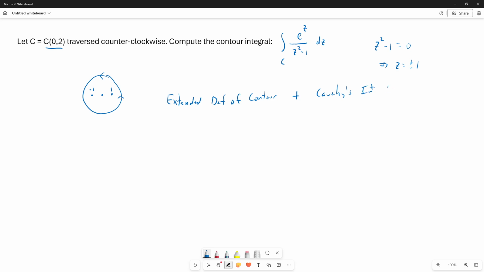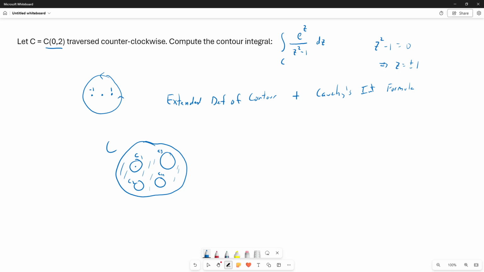So we're going to use these two things. So first, the extended deformation of contour theorem says that if we have some contour, positively oriented, simple closed curve, we'll call that one C. And if we have a few other curves inside of it, simple closed curves C1, C2, C3, C4, then as long as the integrand is analytic on all of the curves, so on C, on the boundary of C, on C1, C2, C3, and C4, etc., and in the region in between them, so if the function is analytic in all of those places.